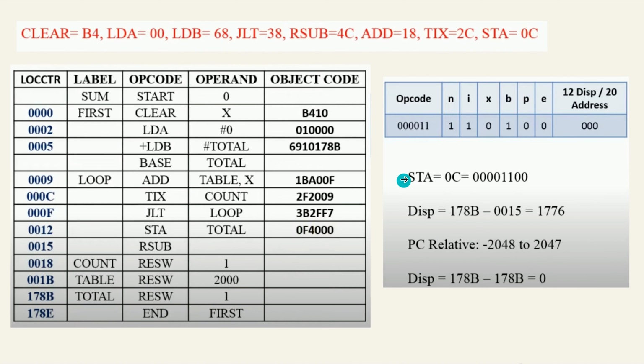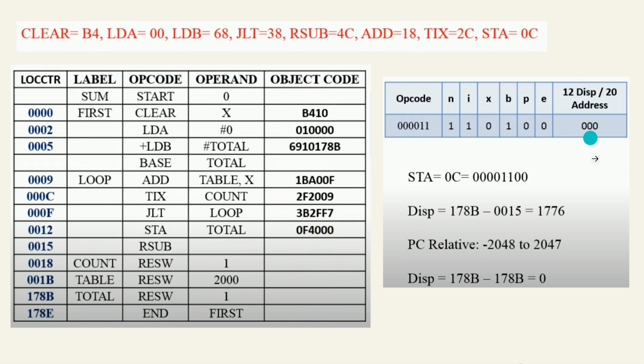Okay, moving on to the next statement, STA total. STA total is a format 3 instruction. And what is the opcode value for STA? It is 0C. How are we going to represent it? We are going to represent it in this way. Take the first 6 bits and represent it in its format. This is displacement.